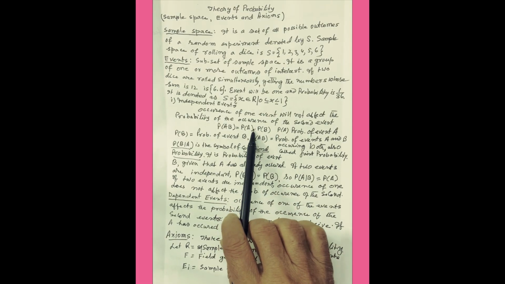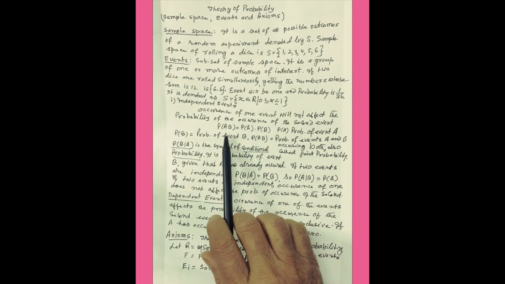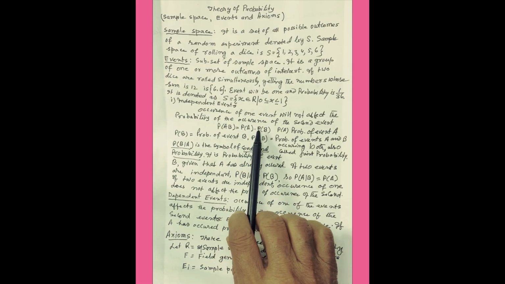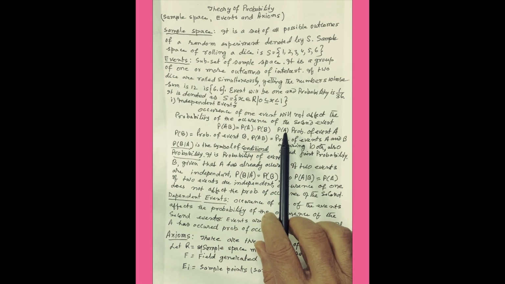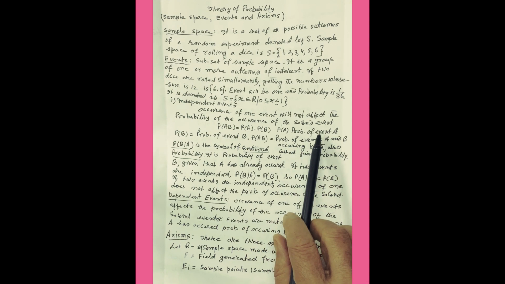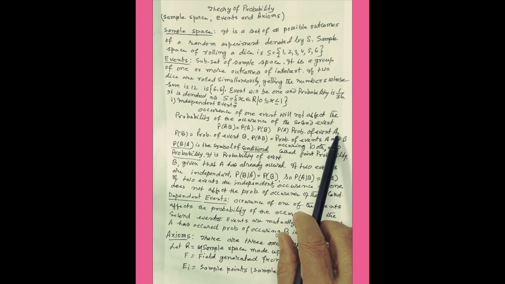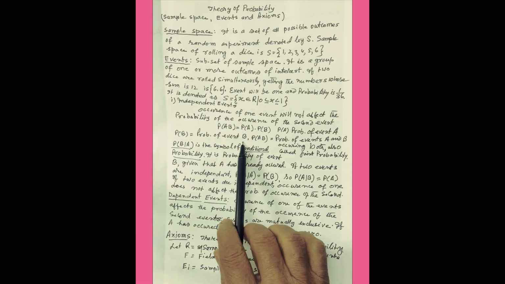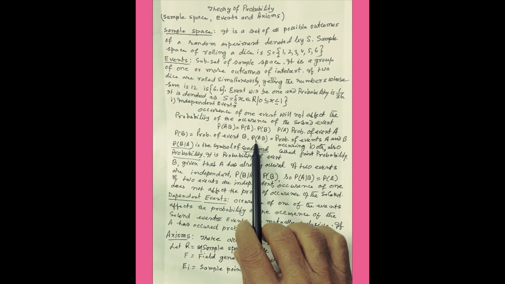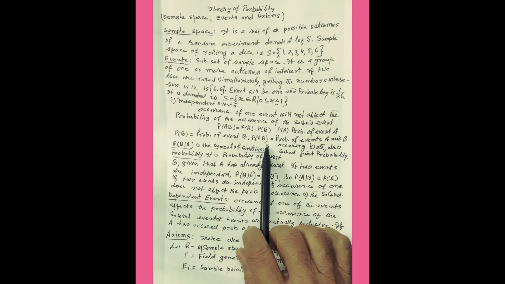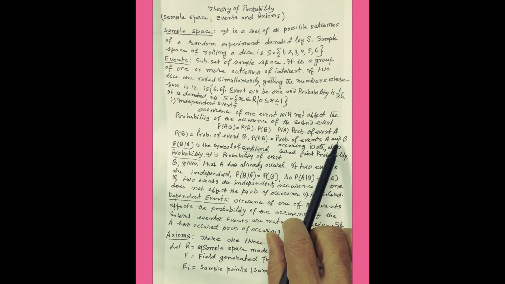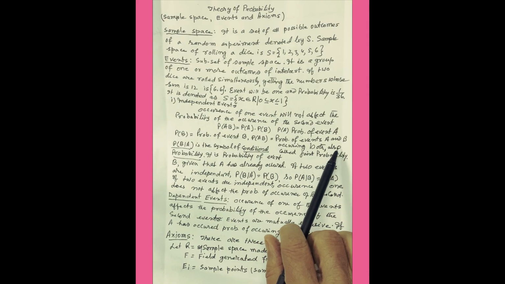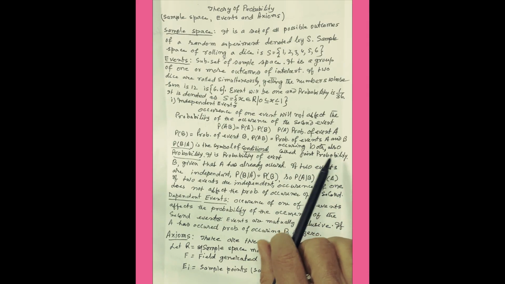So probability of AB is equal to probability of A into probability of B. Probability of A is the probability of event A, and probability of B is the probability of event B. P(AB) is the probability of events A and B occurring both, also called joint probability.